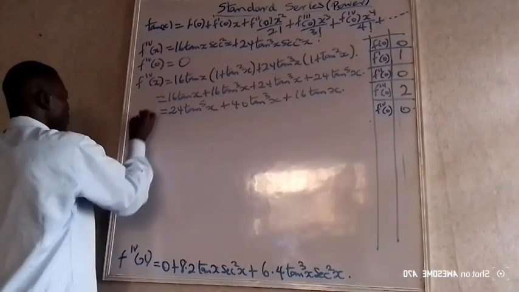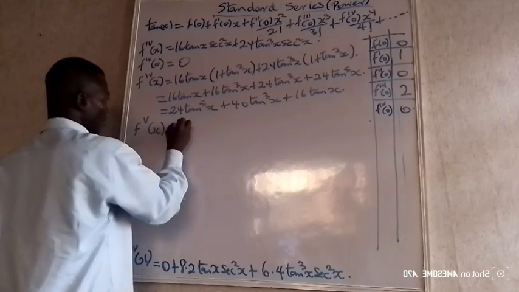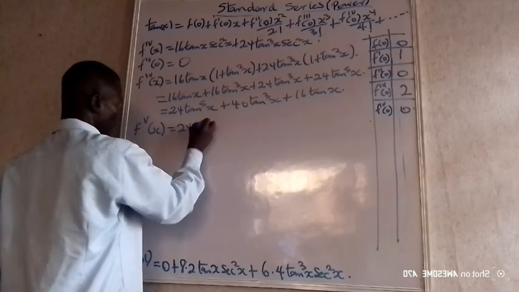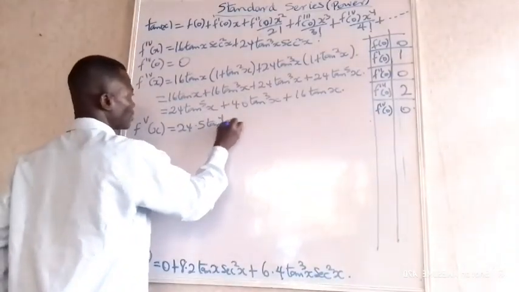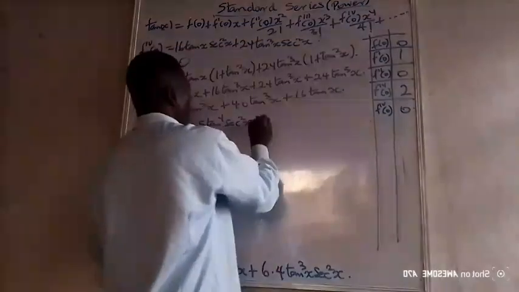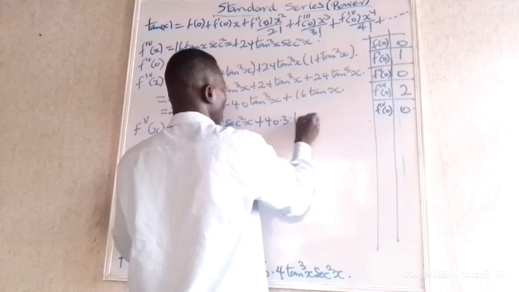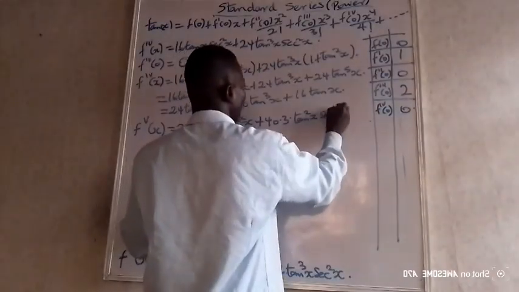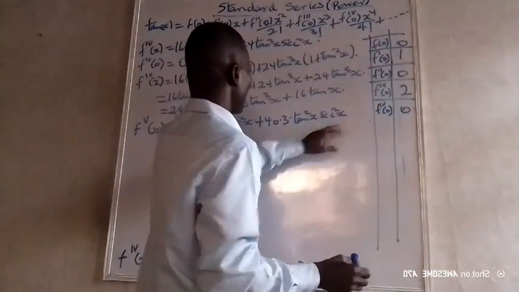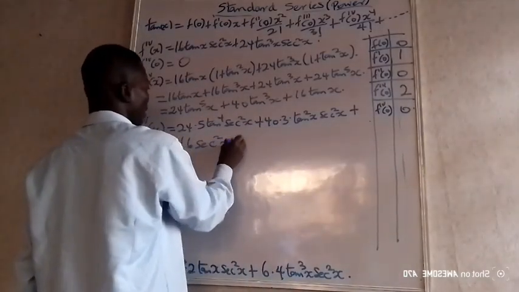So I have f5(x). Differentiating this, I'm going to have 24 multiplied by 5 tan to the power 4 x sec squared x. We have done this before. Plus 40 times 3 tan squared x sec squared x plus 16 sec squared x.